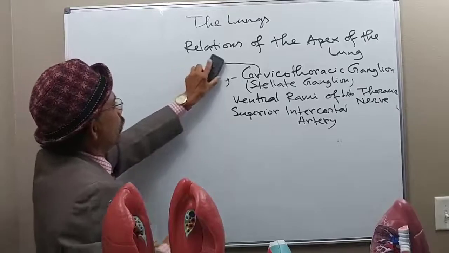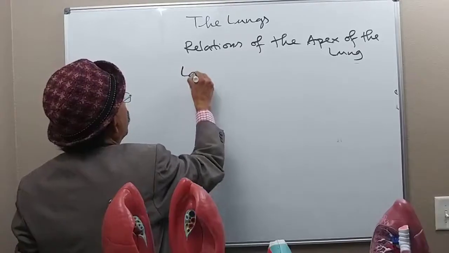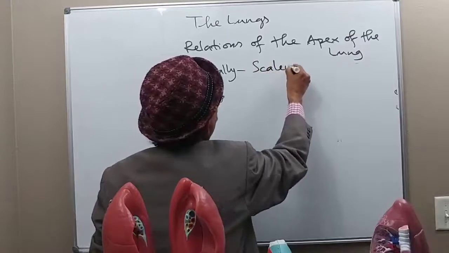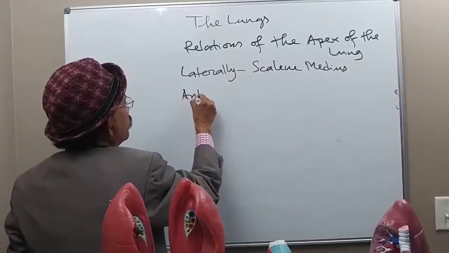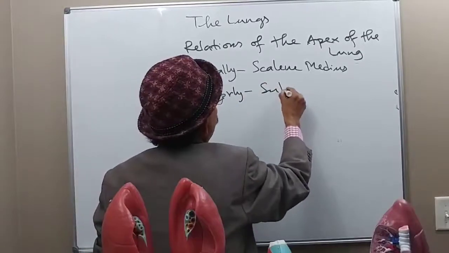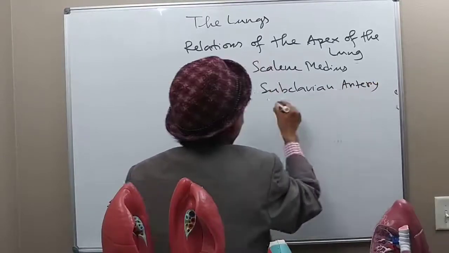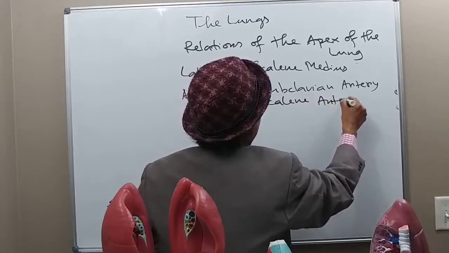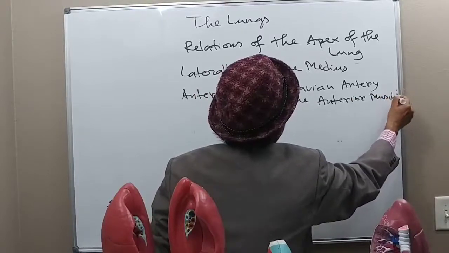Laterally, it is related to the scalene medius muscle. Anteriorly, it is related to the subclavian artery and the scalene anterior muscle.